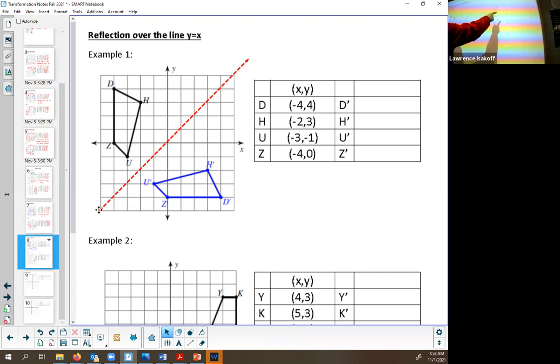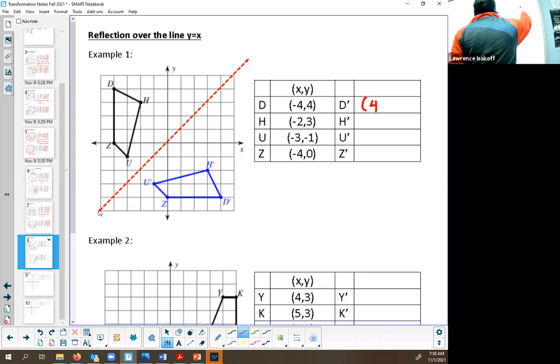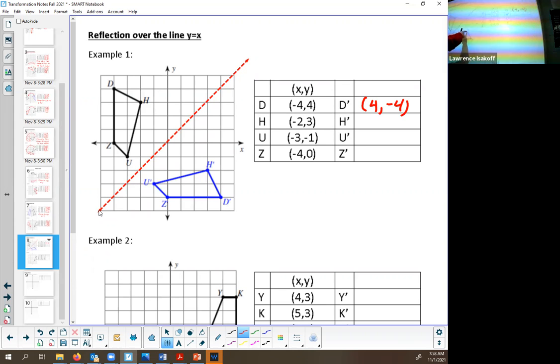So let's start with D was -4, 4. D prime is now at 4, -4. H is at -2, 3.